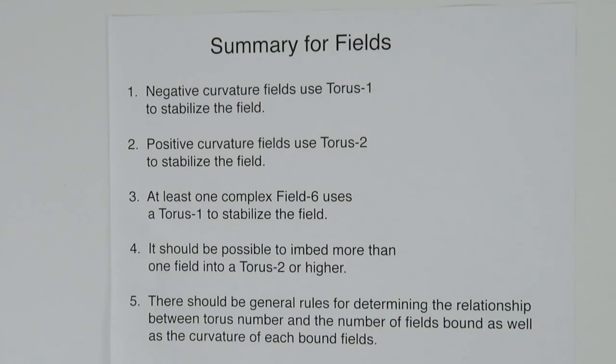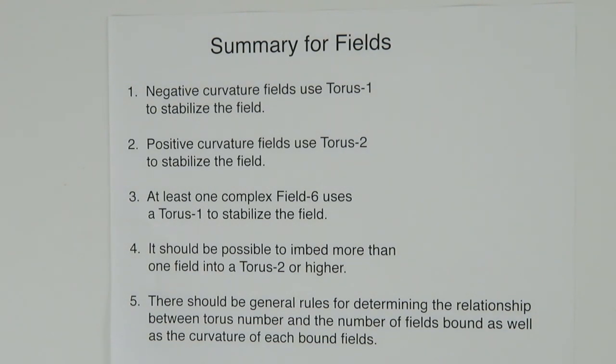This slide is intended to summarize this video on fields. The negative curvature 3, 4, and 5 fields use a torus 1 to stabilize each of the fields. The positive curvature fields, the ones that I've done, 7 and 8, seem to use a torus 2 to stabilize the field. I've done at least one complex 6 field, and it seems to use a torus 1 to stabilize.